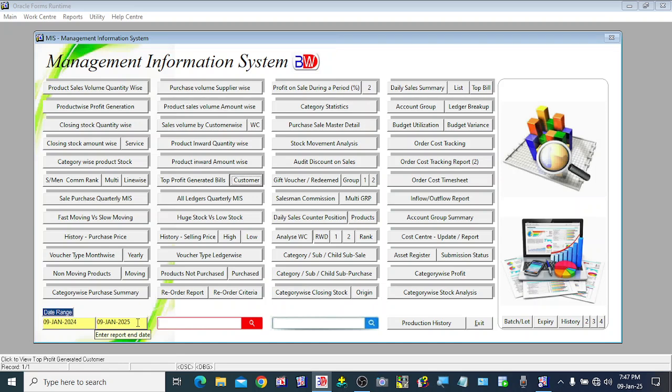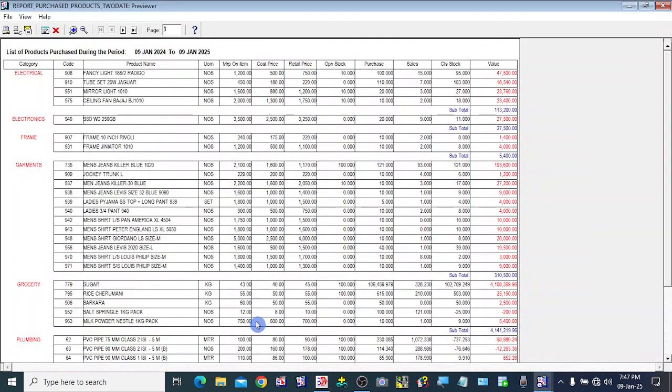Out of that, if you want to know which product I have purchased during a specific interval, by entering the date range and clicking this purchased button, whatever products are displayed in this report means we have purchased that product during this interval, 9th January to 9th January 2025.